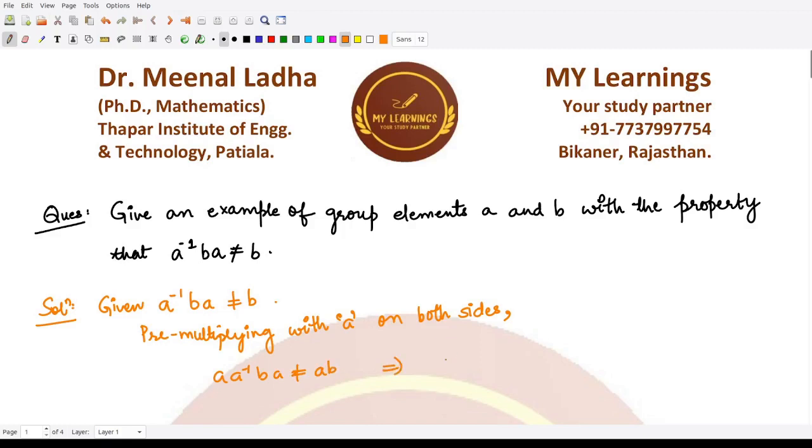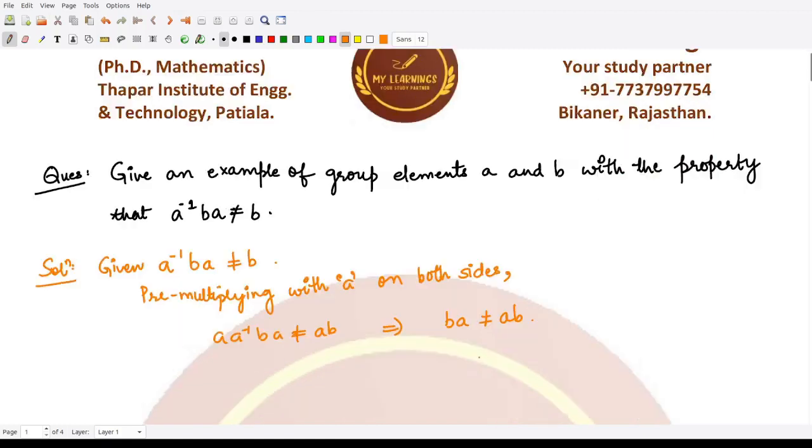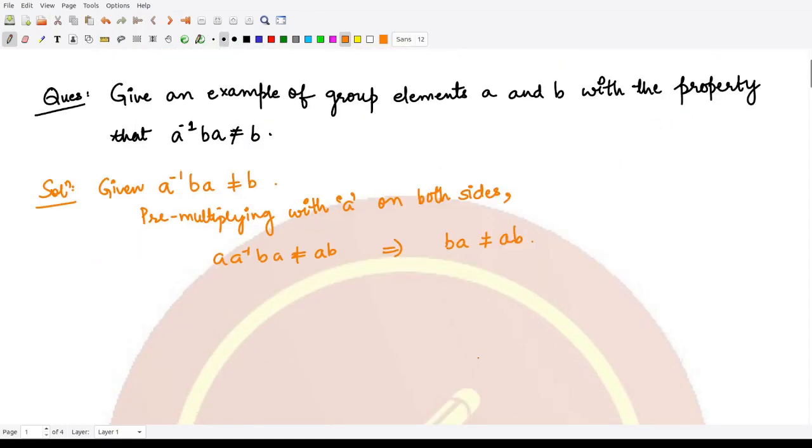This implies we have B A not equal to A B. So here you can clearly see that we are looking for some group which is non-abelian, right? We are looking for some group which contains the elements A and B such that B A is not equal to A B.